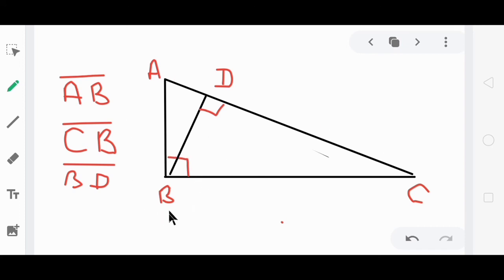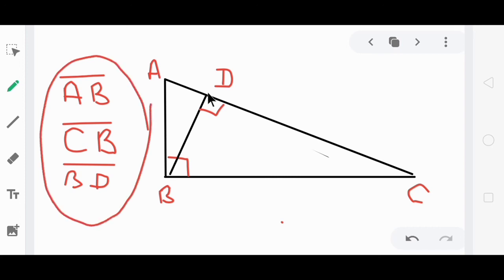If we draw a perpendicular line on AC from point B, that is again an altitude. So these are the three line segments which are our altitudes.